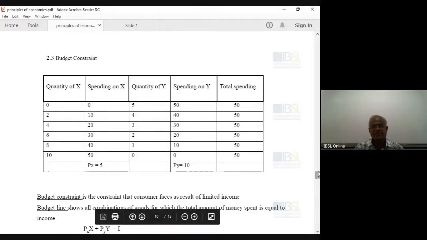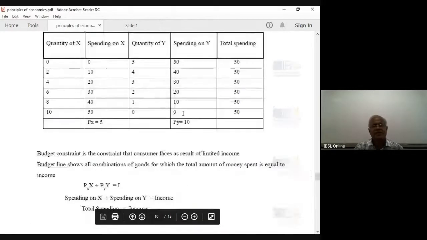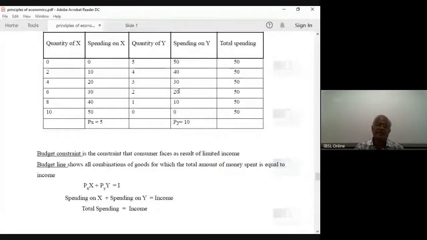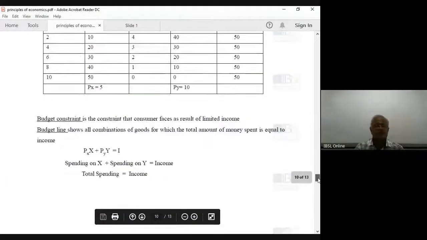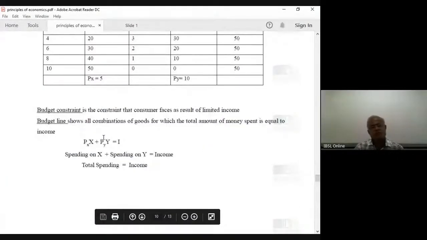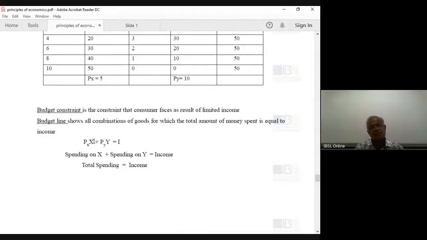If you plot these combinations of X and Y in a graph, you get a straight line, which is the budget line. The budget constraint is the constraint that the consumer faces as a result of limited income. Using notation, the budget line shows the price of X, Px, into X units, PxX, plus the price of Y, Py, into Y, PyY, equals income.